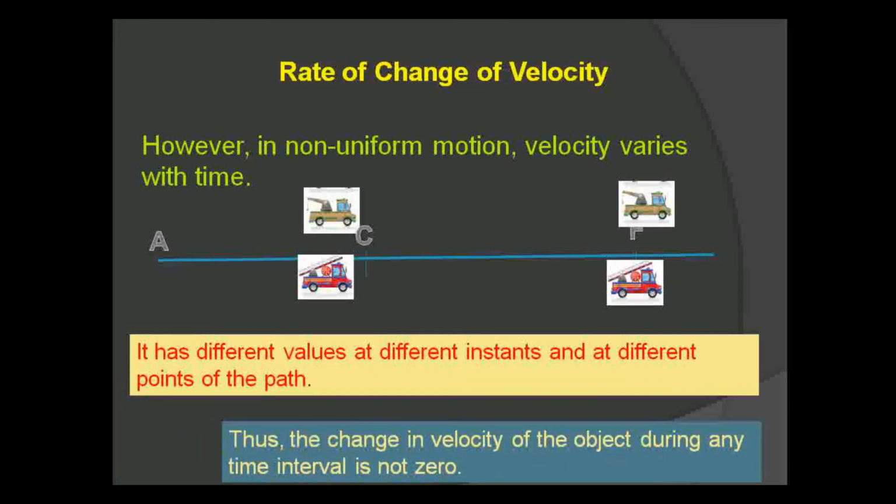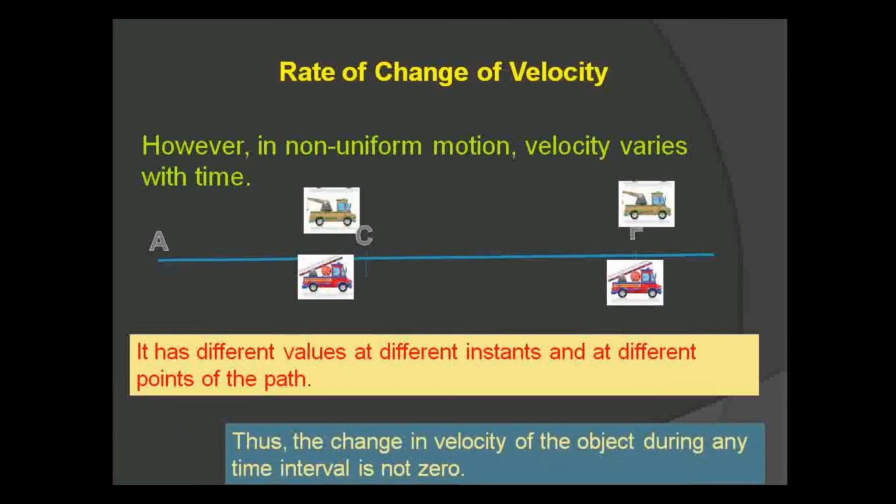Thus, the change in velocity of the object during any time interval is not 0. Here, the final velocity and initial velocity are different from one another, and you can find the change in velocity by subtracting initial velocity from final velocity, that is v minus u.